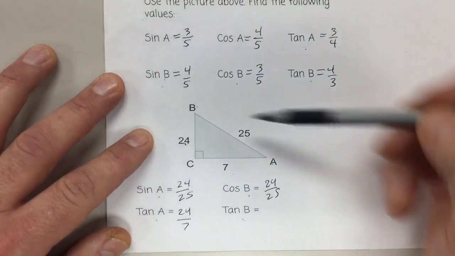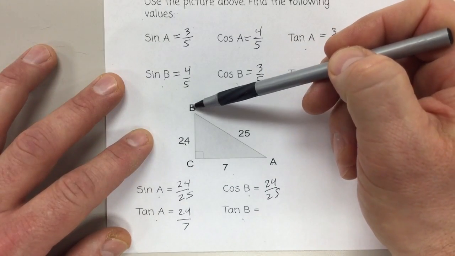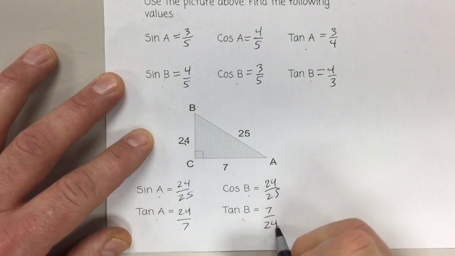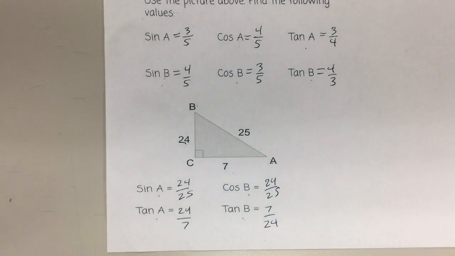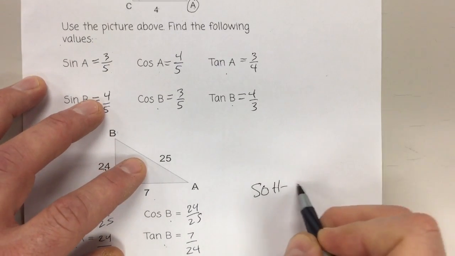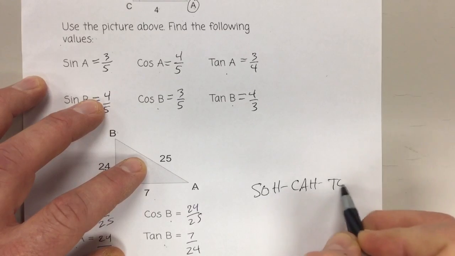And tangent of B is opposite over adjacent, 7 over 24. Just remember, SOH-CAH-TOA.